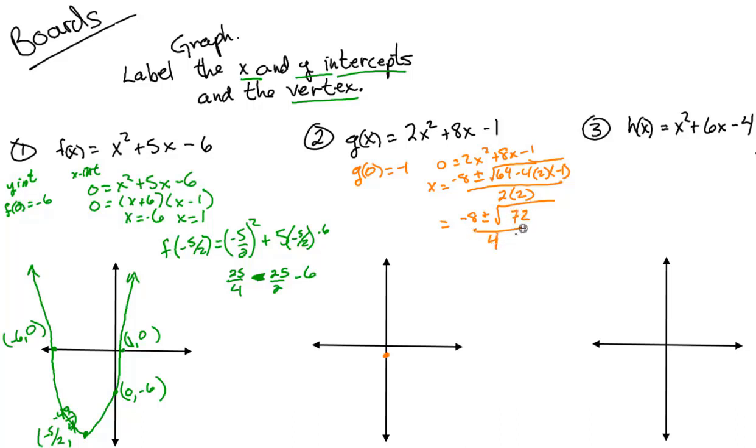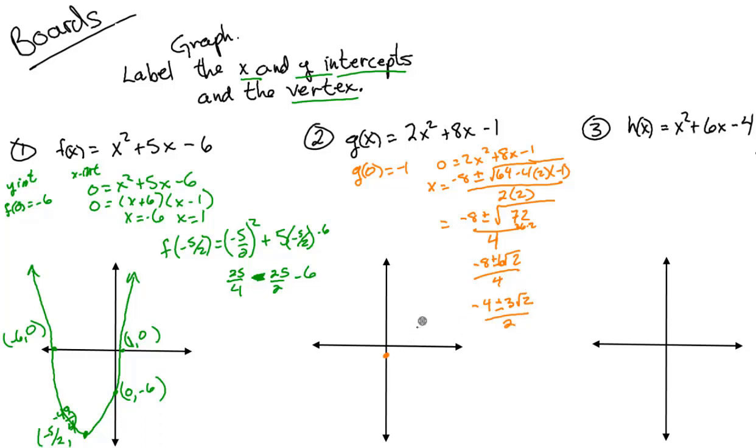Now, the square root of 72, this is 36 times 2. So we get negative 8 plus or minus 6 square roots of 2, all over 4. We can take a 2 out of everything, so we get negative 4 plus or minus 3 square roots of 2, all over 2.